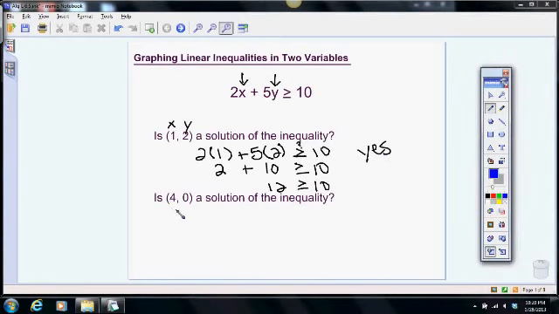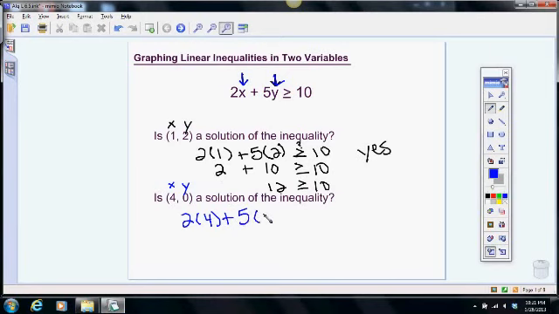Notice in this next one I asked if (4, 0) is a solution. Don't be thrown off by the fact that your y value is going to be 0. You're still going to substitute 4 in for x and 0 in for y. So we can say 2 times 4 plus 5 times 0.